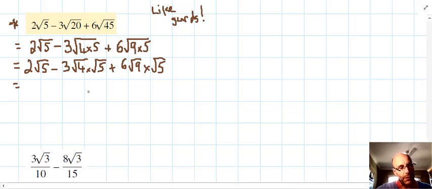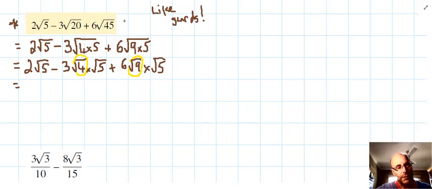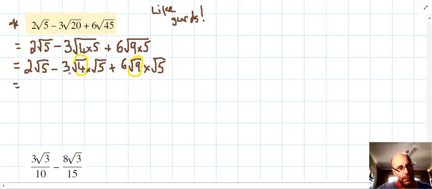Now have a look. We've got square root of 4. We've got square root of 9. And by the way, if you can't see it, there's times signs there. If you can see where my cursor is, and there. Okay, but we don't have to write them, just like with algebra.